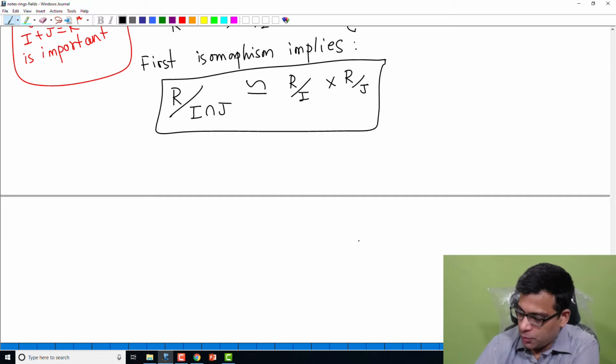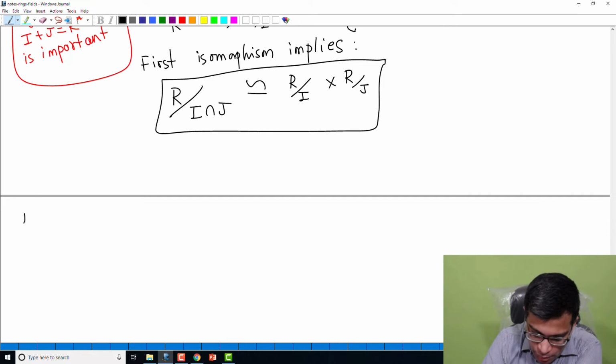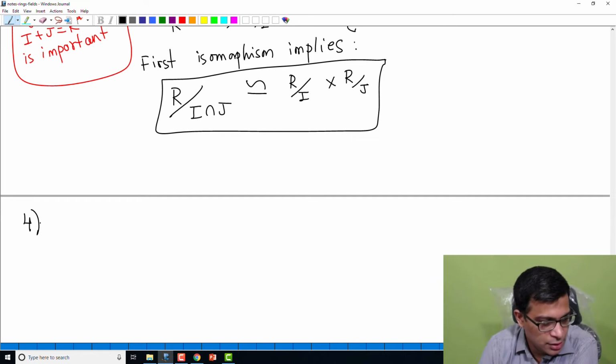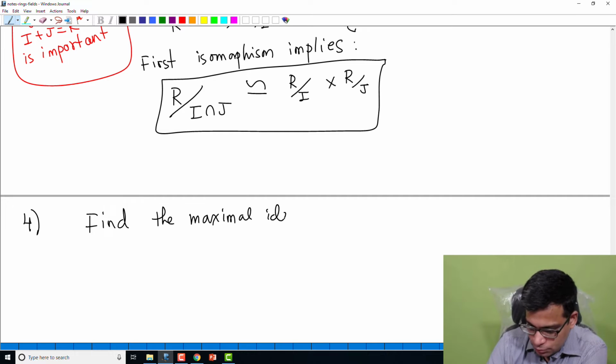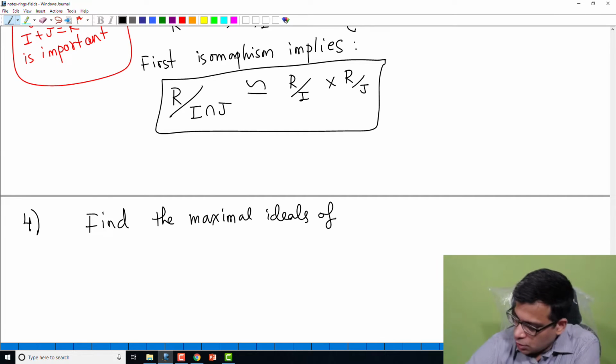So the next problem I want to do, maybe the fourth problem, is to find the maximal ideals, in some sense all the maximal ideals, of the following rings.